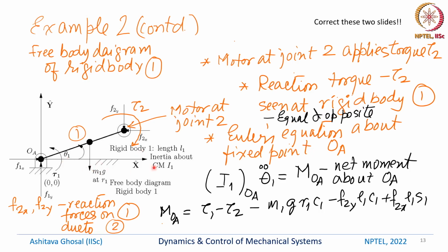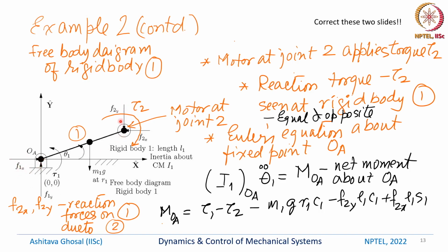Now we can apply Euler's equation about a fixed point OA. Remember, Euler's equation can be applied either about the CG or about a fixed point. In this case, it is smarter to apply it about OA, because if you apply the moments about this fixed point, the effect of F1x and F1y will not show up, because there is no moment about these forces.